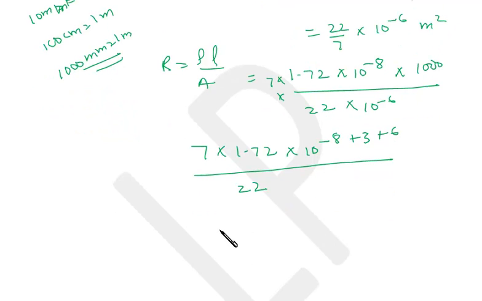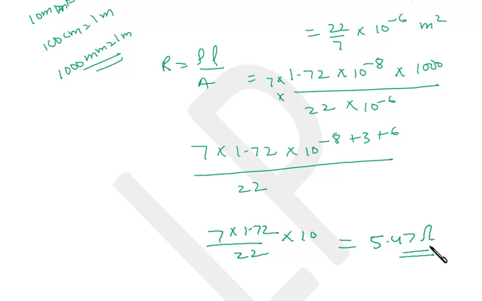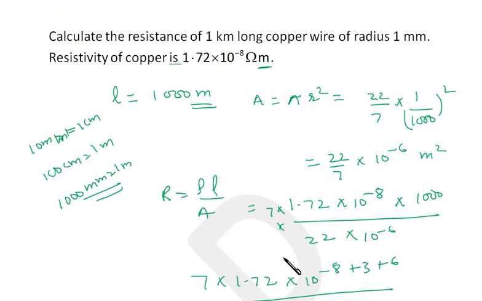So it's 7 into 1.72 by 22 into 10 raised to power 9 minus 8, so it's just 10. So it's around 5.47 ohms. Okay, I hope you are clear. So in this case, we calculated the resistance of this wire, that's 5.47 ohm.